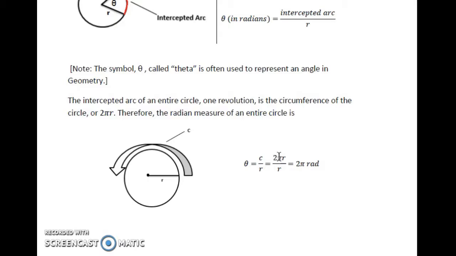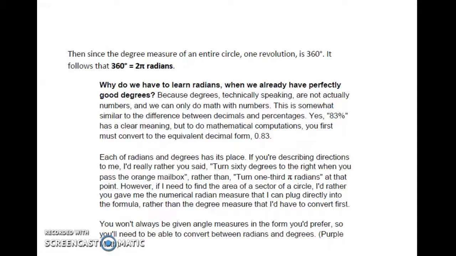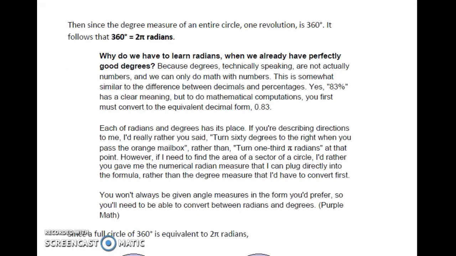So we get 2 pi r over r, which then reduces to 2 pi radians. So the whole circle has radian measure 2 pi. Then, since the degree measure of an entire circle or one revolution is 360 degrees, it follows that 360 degrees equals 2 pi radians.